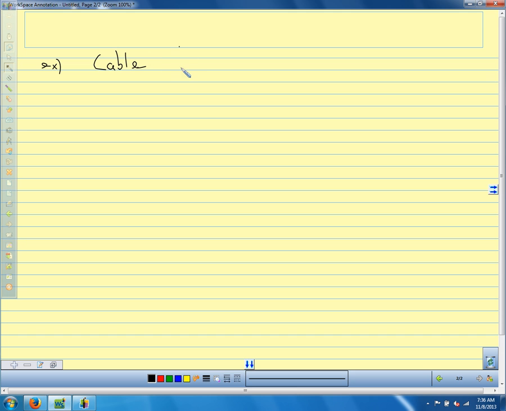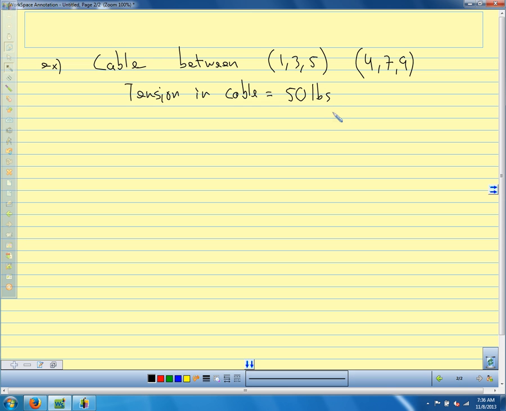So our cable is between these two points: (1, 3, 5) and (4, 7, 9). And we know the tension in the cable is 50 pounds. We want to represent the force in the cable as a vector.